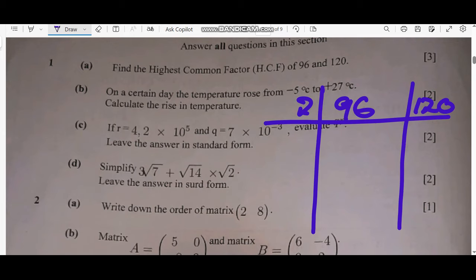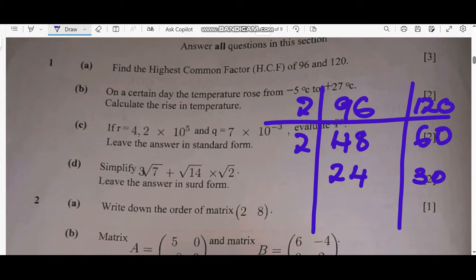So 2 into 96 goes 48, then 2 into 120 goes 60. I hope you are still following. And we are also going to find another number that can divide both 48 and 60, which is the 2 again. So 2 into 48 is 24. Then 2 into 60 is 30.